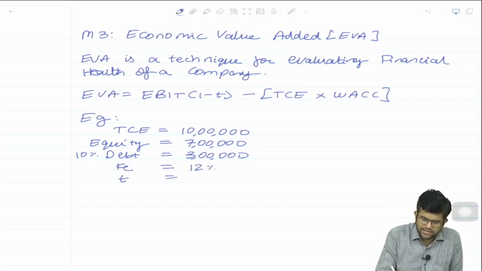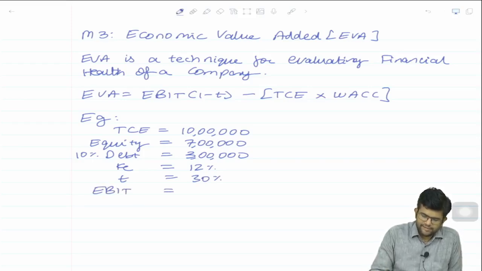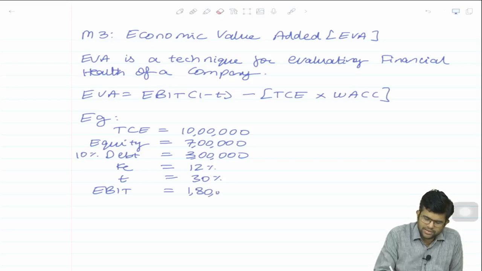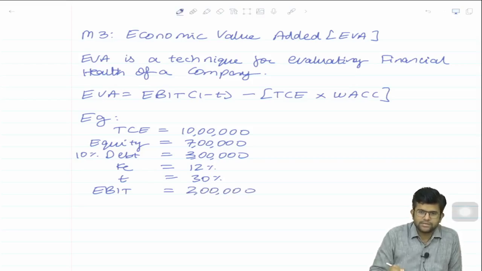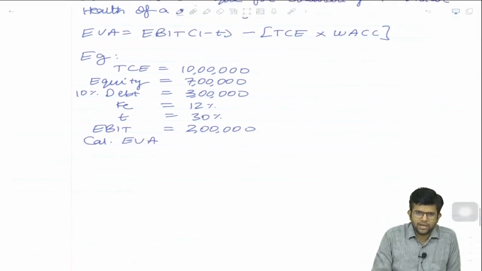Tax rate is, let's say, 30%. And EBIT is, let's say, 2 lakhs. Everyone clear? They will ask you to calculate EVA.